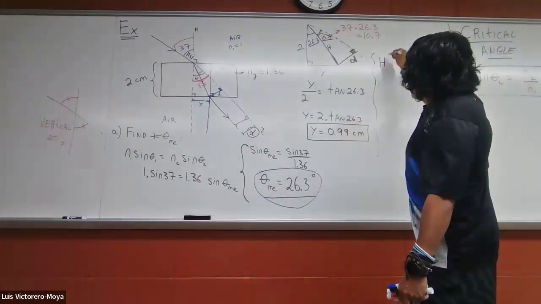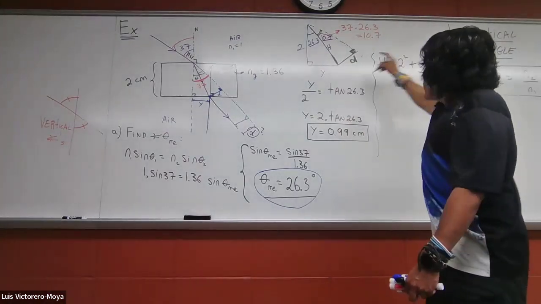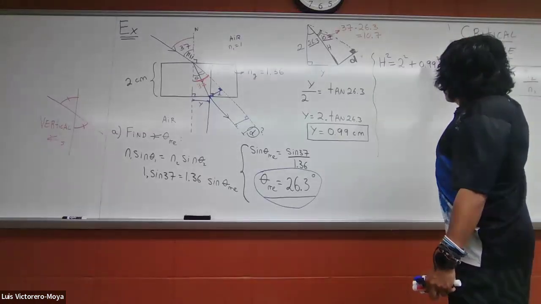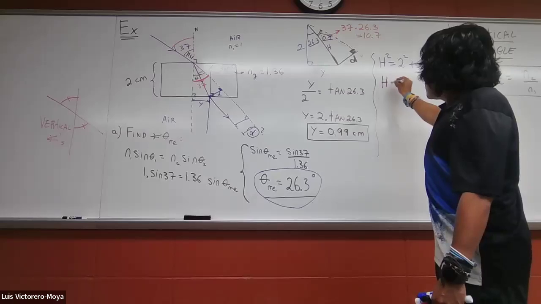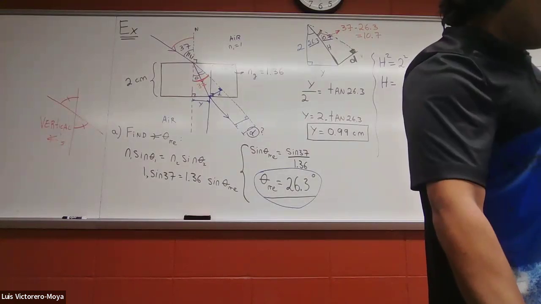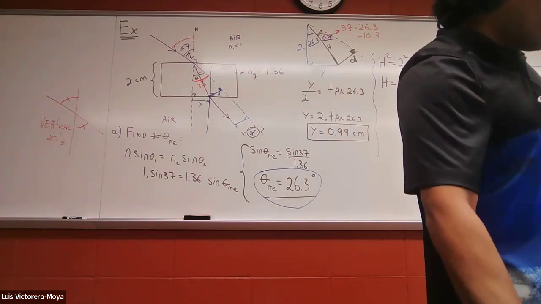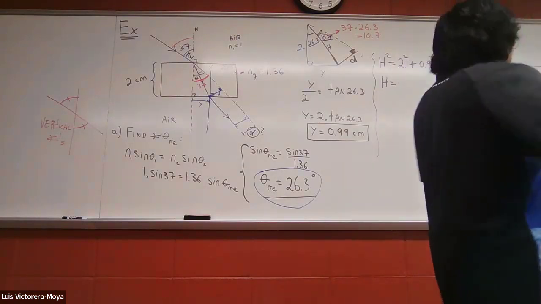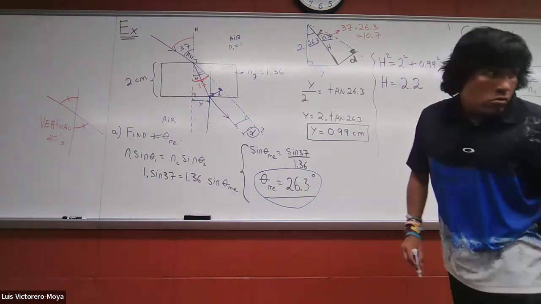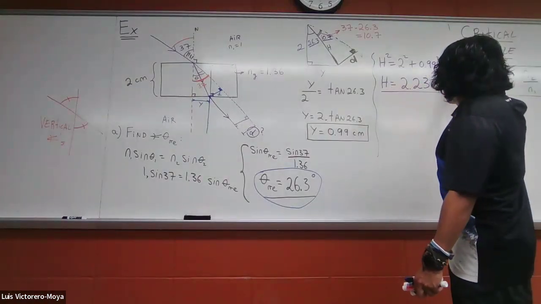H squared equals 2 squared plus Y squared, which is this. There. So H is just 2.23 centimeters. That's the hypotenuse.